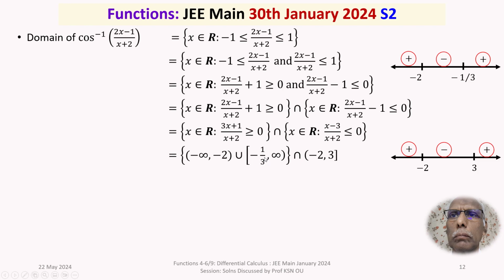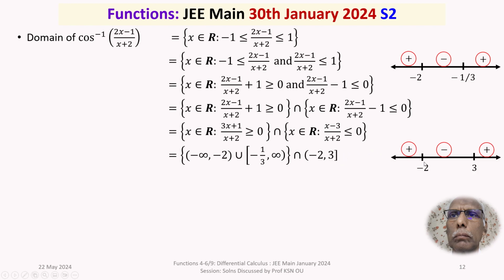Why? Even if you take x is equal to minus 1 by 3, it is equal to 0, and in this inequality greater than or equal to 0 is also included. Therefore, it is the semi-closed interval minus 1 by 3 to infinity. The intersection: this negative portion you have to consider. Minus 2 to 3, semi-closed, closed at the 3 end.